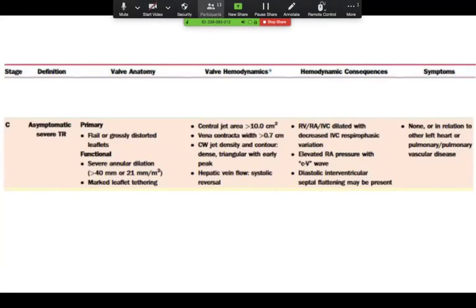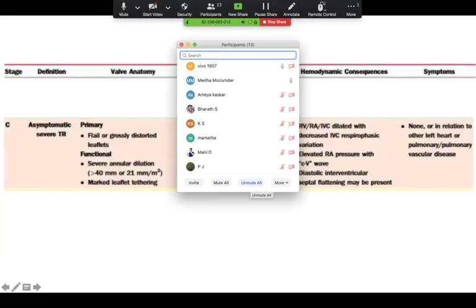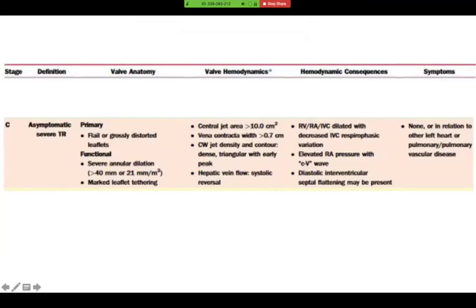As a consequence, the hemodynamics: the RV was not dilated in mild to moderate, but when it comes to severe, the RV, RA, IVC are dilated with decreased IVC respirophasic variation. There are elevated RA pressures with a CV wave, and there is diastolic interventricular septum flattening.